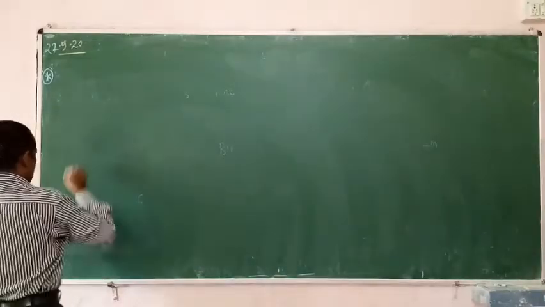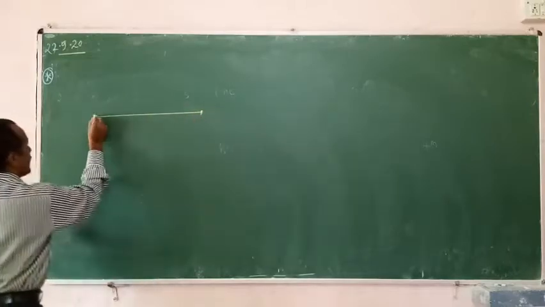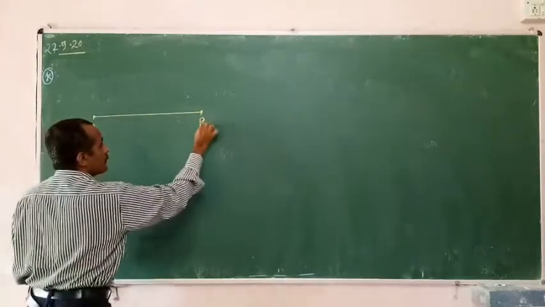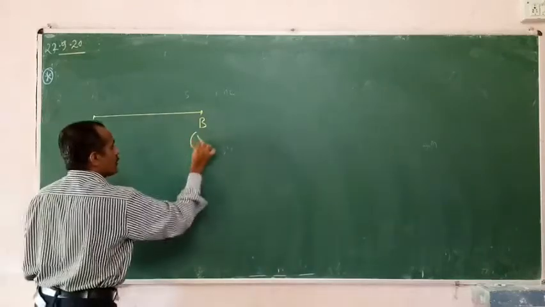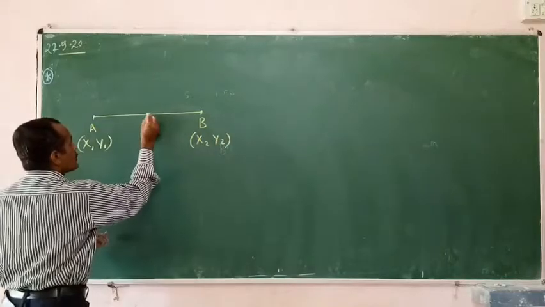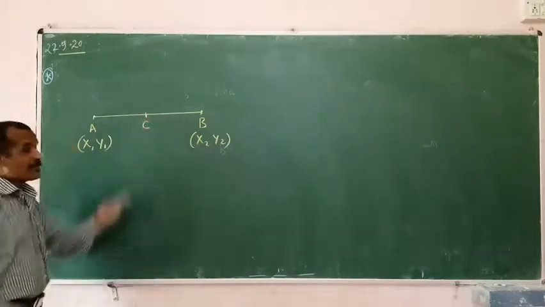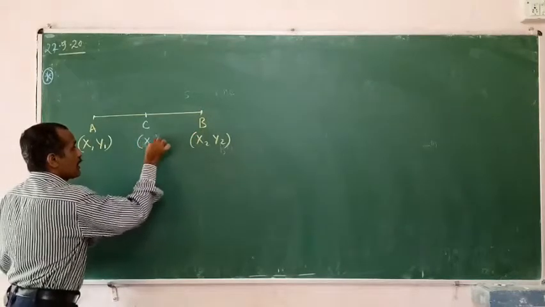See, students, this is a line segment AB. Listen very carefully. Its endpoints have coordinates x1, y1 and x2, y2, and here is a point C, which divides the line segment, and whose coordinates are x, y.